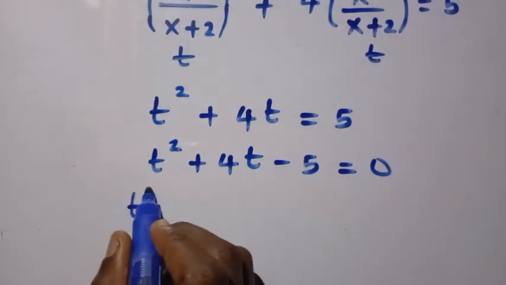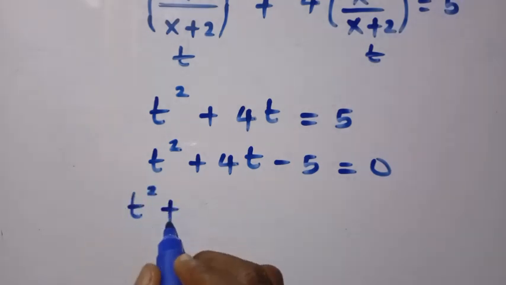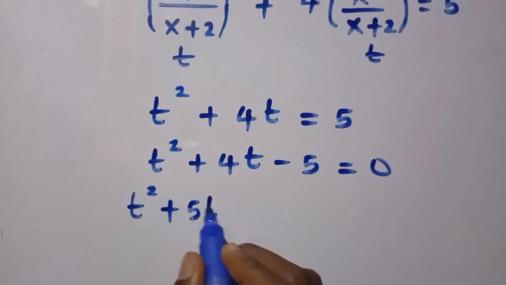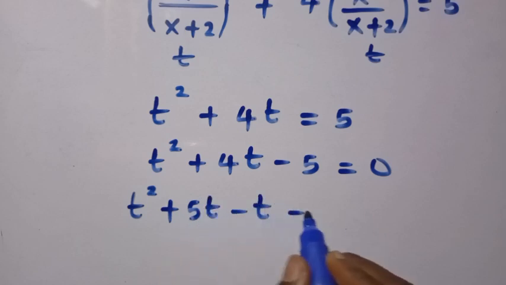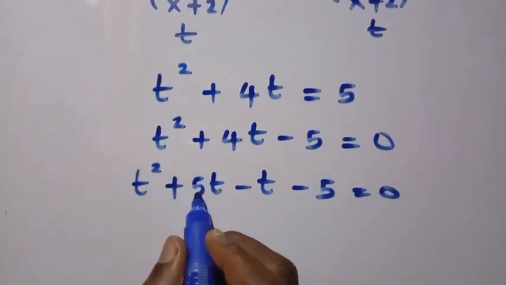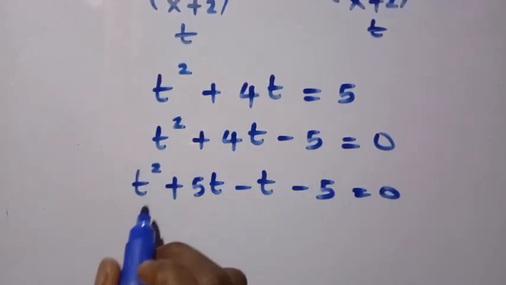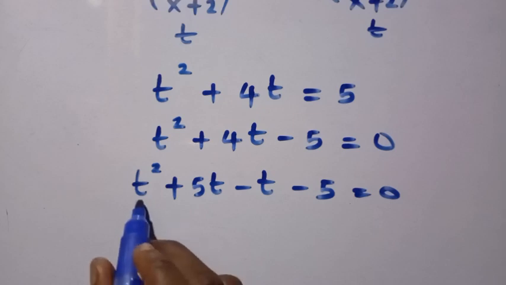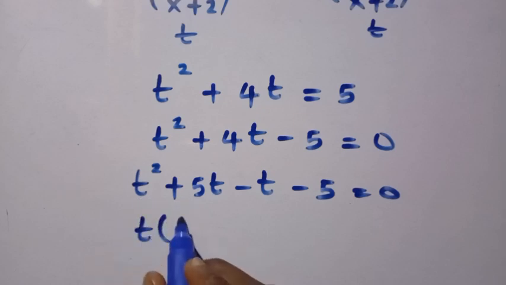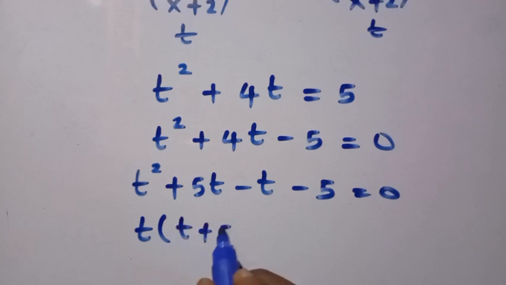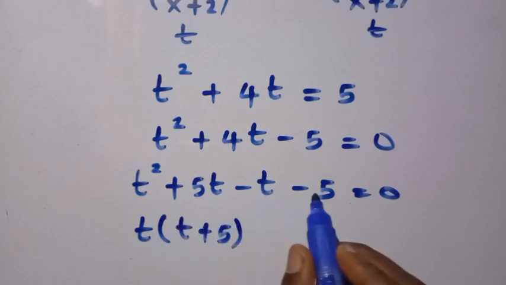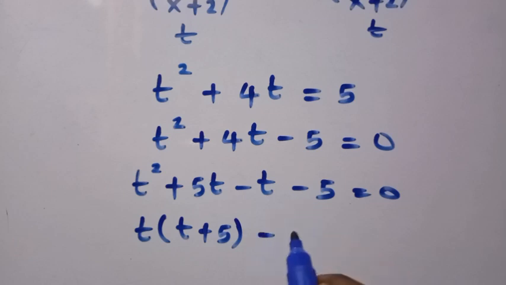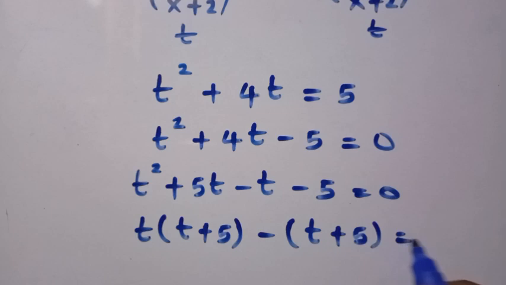So thinking of t squared plus 5t minus t minus 5 equals 0. When we combine this together and factorize out t, we have t(t plus 5), and also we take out negative 1, so in the bracket we have t plus 5 equals 0.